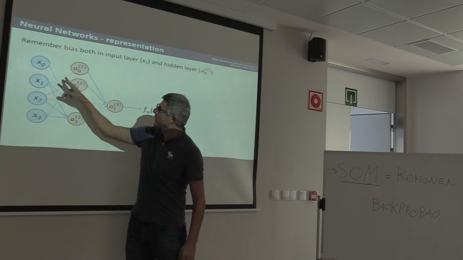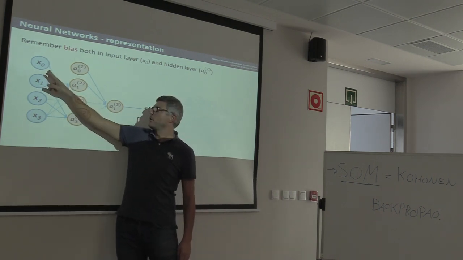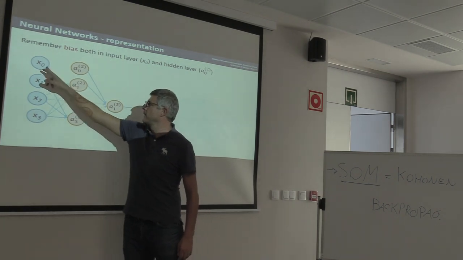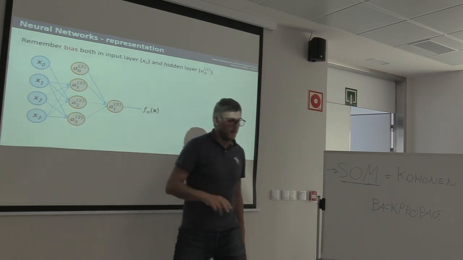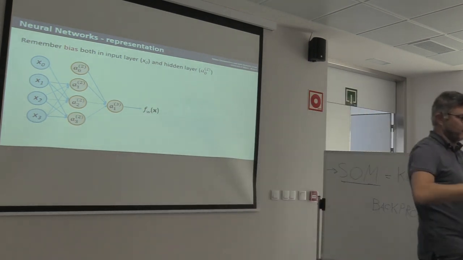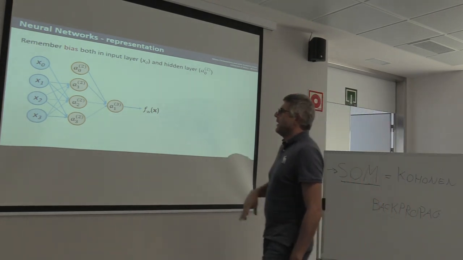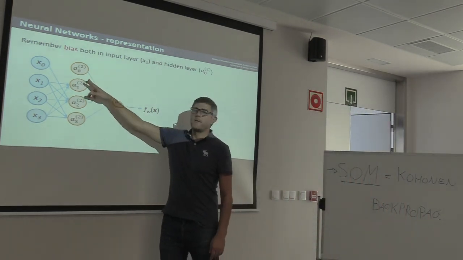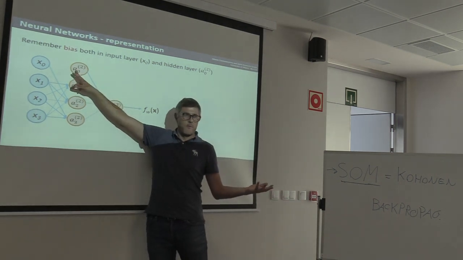I missed 2 arrows here, okay? I have to put them. So you have also the bias here and the bias to this last neuron. It was a mess to do these slides because it was full of errors. And of course you also have the bias here. This is a bias.